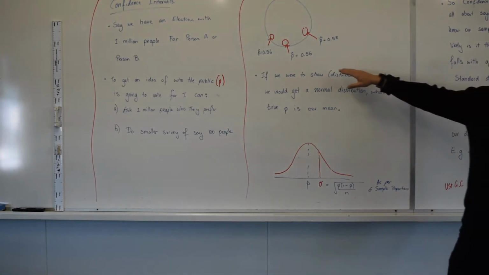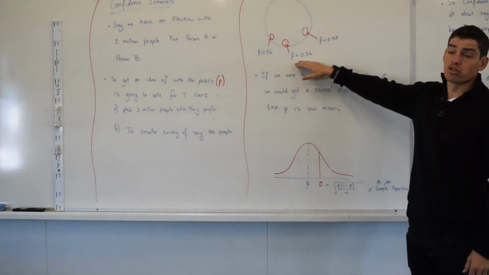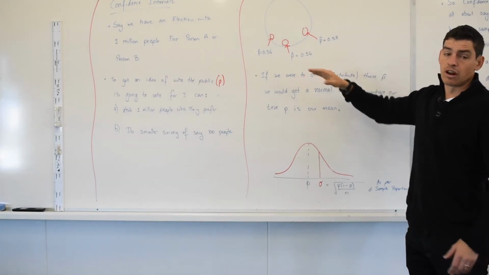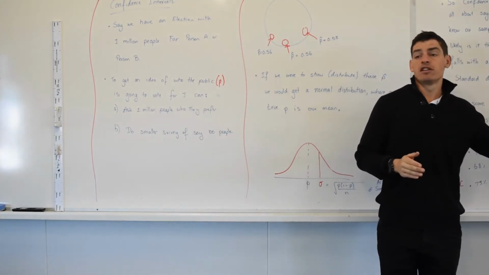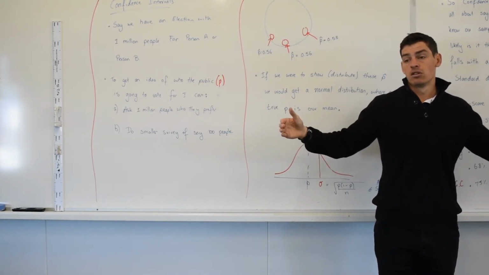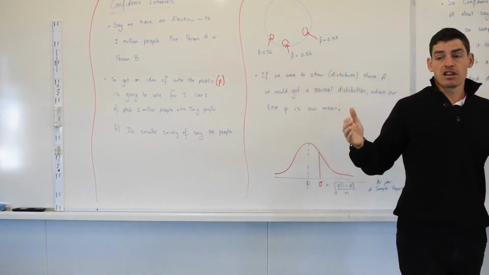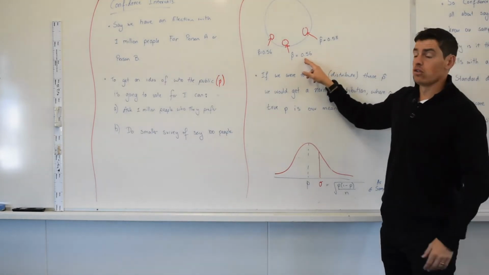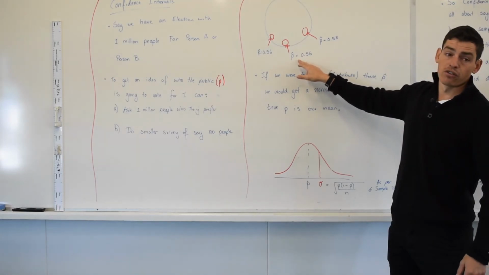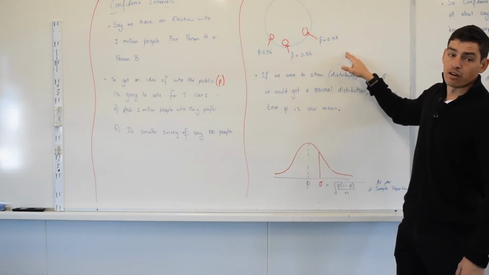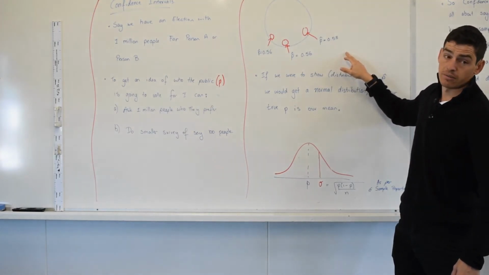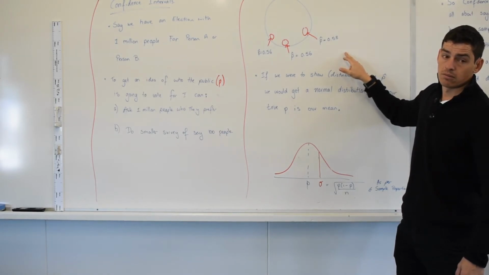Let's say my standard deviation here, just hypothetically, is 0.02. I'd have to add 2 standard deviations above and 2 standard deviations below. So I'm 95% confident that the true value lies between 0.52 and 0.6, sorry. Does that make sense?